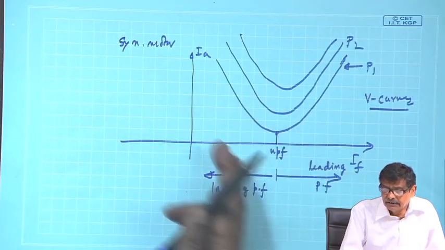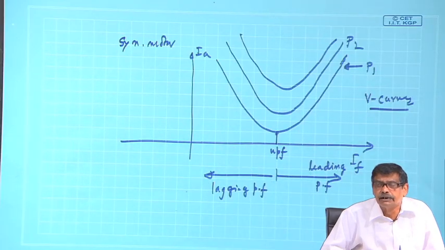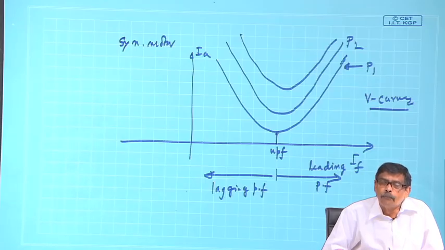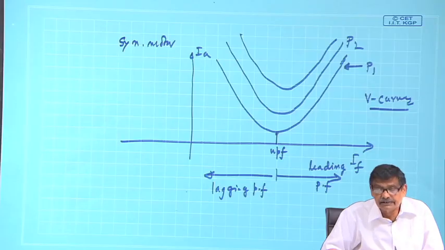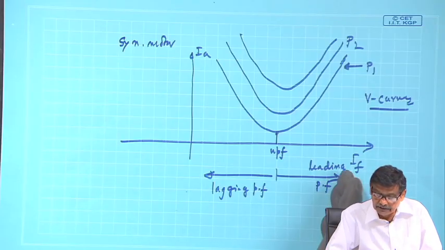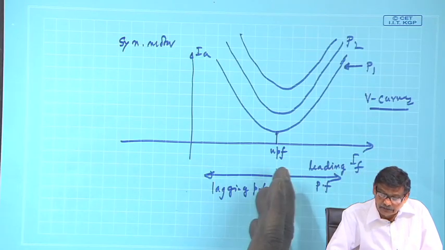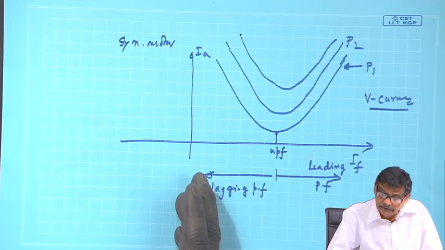All things considered, you should never forget that an overexcited synchronous machine operates at leading power factor. Overexcited synchronous motor, leading power factor. Under excited synchronous motor, lagging power factor.